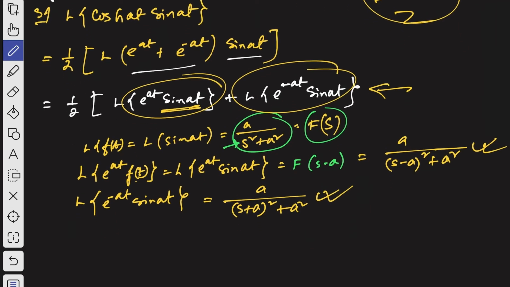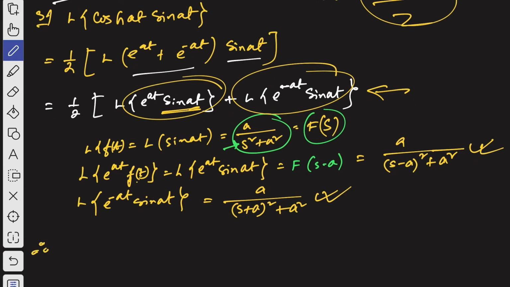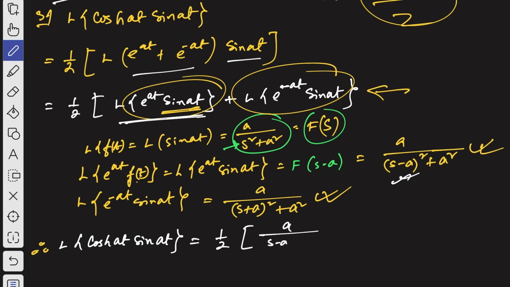Therefore, the Laplace transformation of cos hyperbolic at into sine at is equal to half of a by s minus a whole square plus a square, plus a by s plus a whole square plus a square. That's what we get. So now let us simplify this.